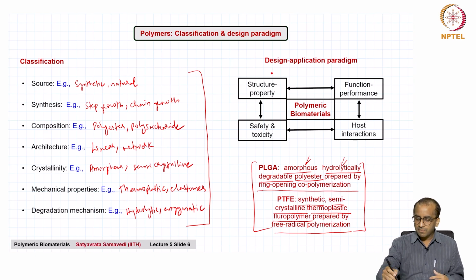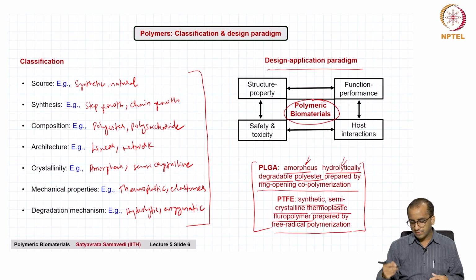And before I proceed, I want to just highlight the design application paradigm in polymers. So, if you put polymeric biomaterials in the middle and you have structure property on one side and function performance on the other. Structure can determine the property, and structure property together determines how the polymer can function, and the function of the polymer determines how it performs in a biomedical application.